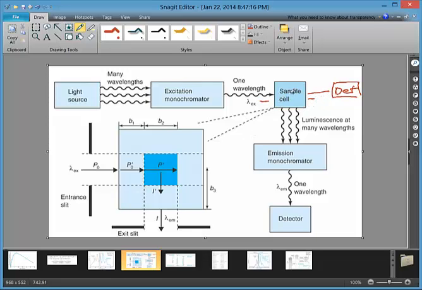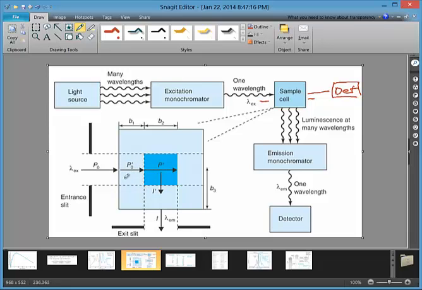Okay, notice how the majority of this figure here is a picture of our individual sample cell. We've got light that is coming in, and we call this light the excitation light, and that light goes through our sample.